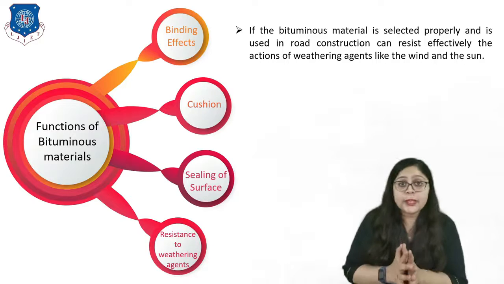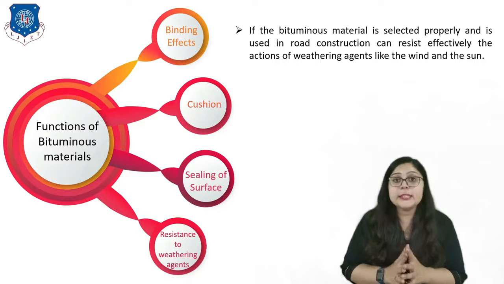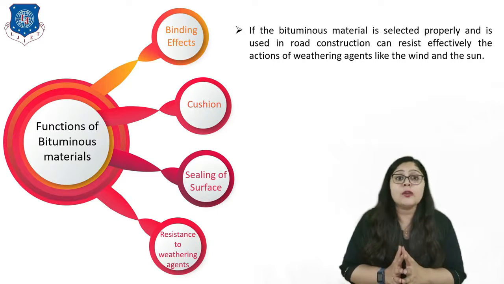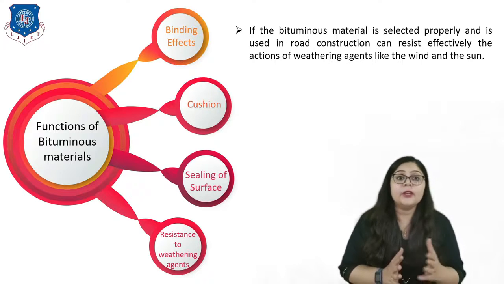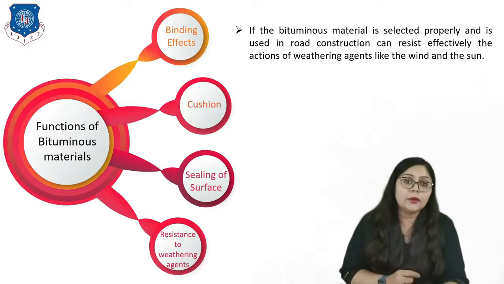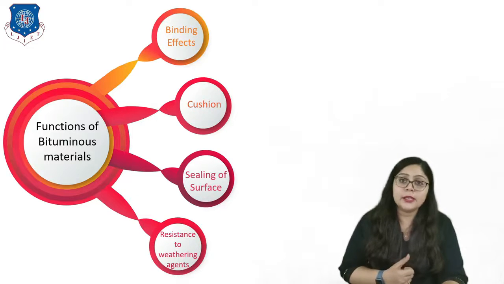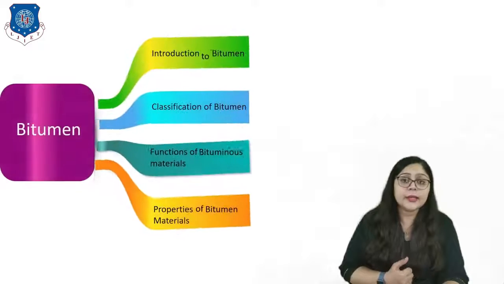If the bituminous material is selected properly and used in road construction, it can effectively restrict the actions of weathering agents like wind and sun, right? So that's all for the functions of bituminous material: a binding agent, a cushion, sealing the surface, and resistance to weathering agents, right?